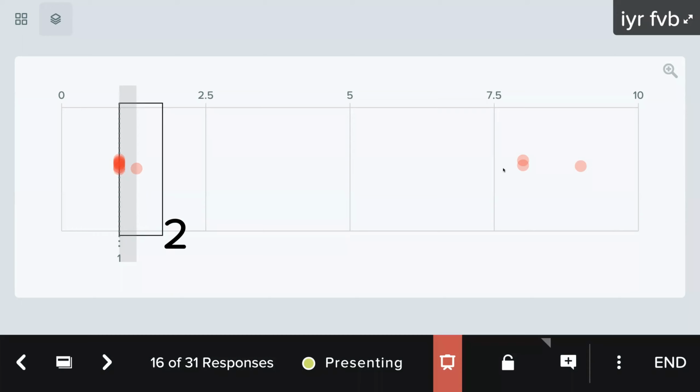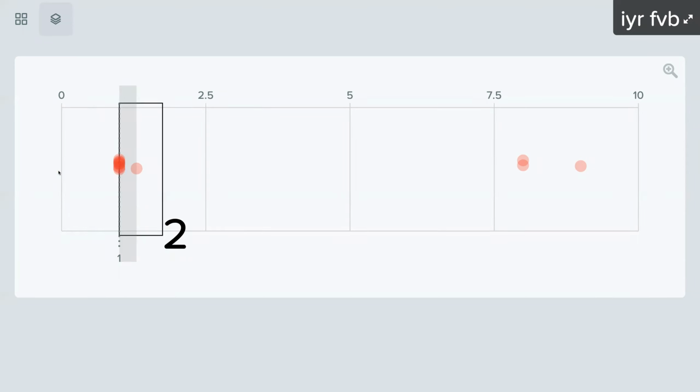Now you can see clearly from these answers that most of you have selected 1 right here. And of course, one selected 0 and changed it to maybe 1. And then few of you, probably 1 or 2, have selected 7, more than 7, and then 1 of you around maybe 8.